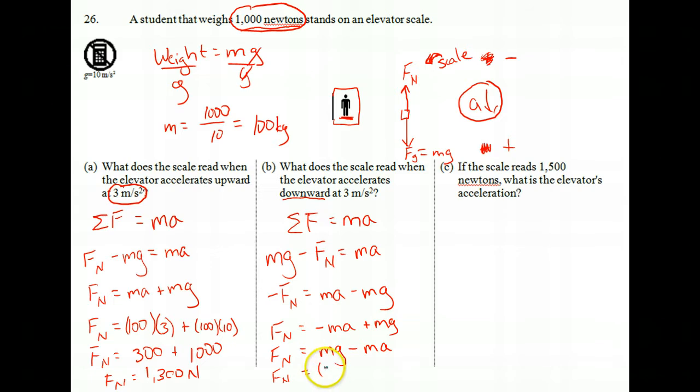Mass being 100, acceleration due to gravity being 10, mass being 100, and now our acceleration is going to be 3 meters per second squared. Okay, so our normal force would be 1,000 minus 300, and that gives us 700 newtons.